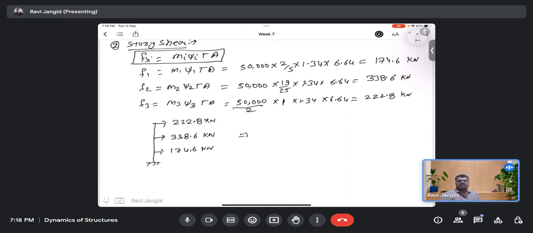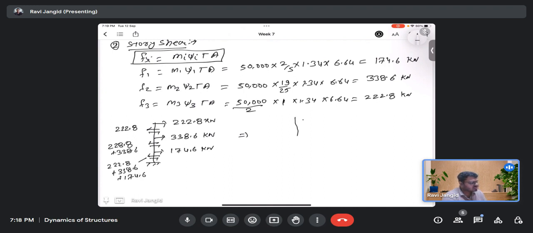For the shear, now we calculate the shear force. So if you calculate the shear force from this diagram, in this storey how much shear force, that would be 222.8. In this one, that would be 222.8 plus 338.6. And for the third one, it is 222.8 plus 338.6 plus 174.6.